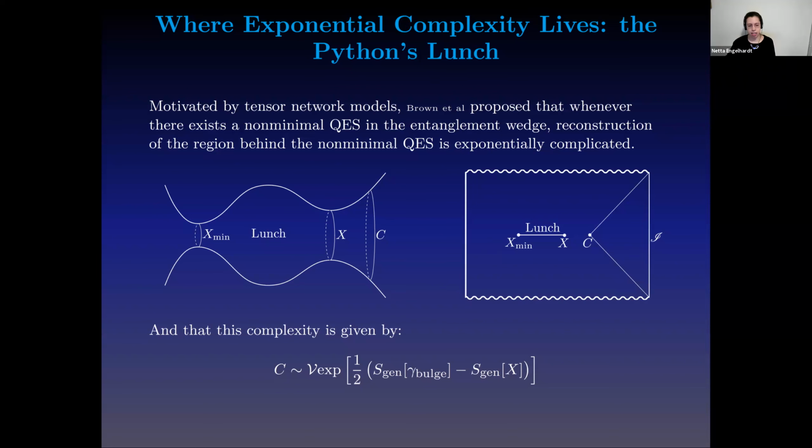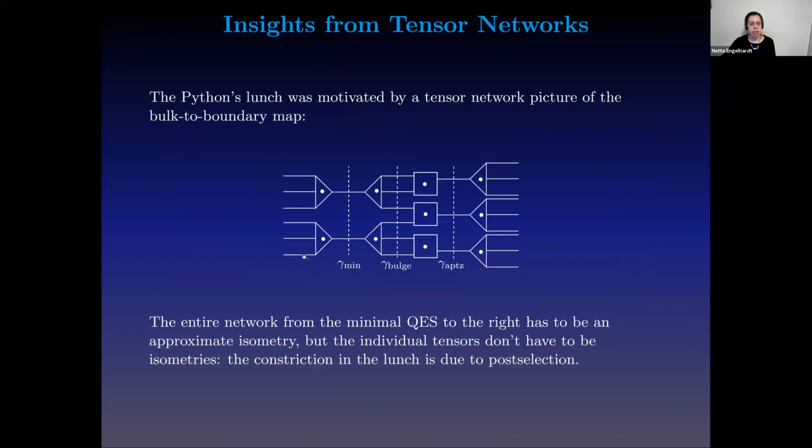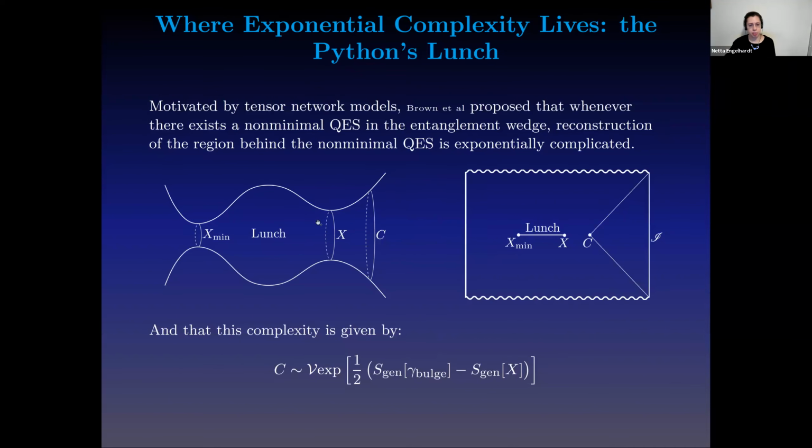Exactly, and the difference between the two is exponentially complex. So then that suggests, okay, well, if you don't have access to exponential complexity, that might be the same as having access only to things up to the non-minimal quantum extremal surface. So this proposal alone isn't quite enough to get you there, but we will get there.